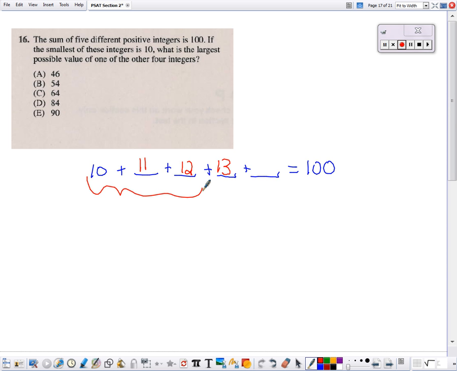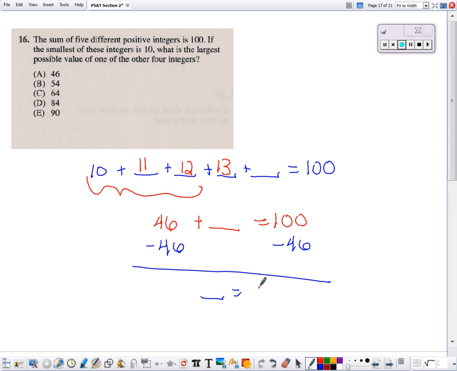So when I add all of this up, we get 46. So then when I subtract that to the other side, I'll know the largest possible value for this missing blank, and that is 54. And that's our answer here in B.